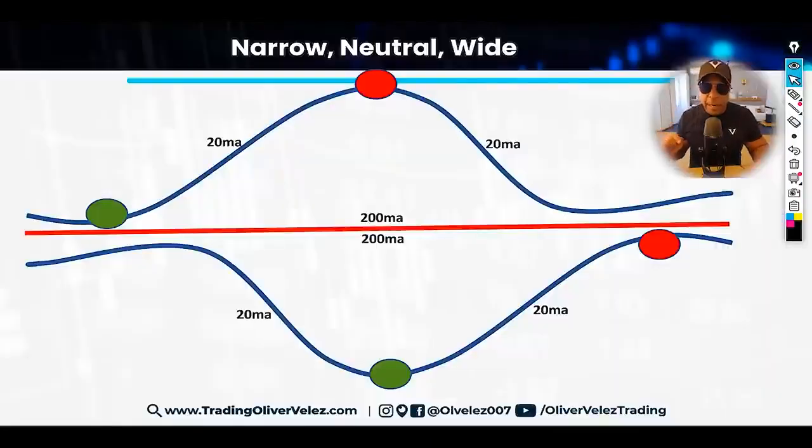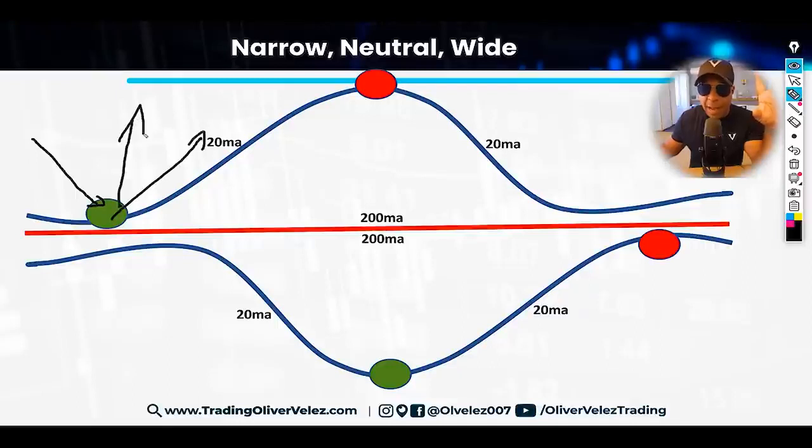Boom. Here we are. Now take a look at this carefully. Look at it carefully, traders, okay? Look at it in the narrow state above the moving averages. In the narrow state above the moving averages, this is the best location to buy, to bet long, to bet on the upside.